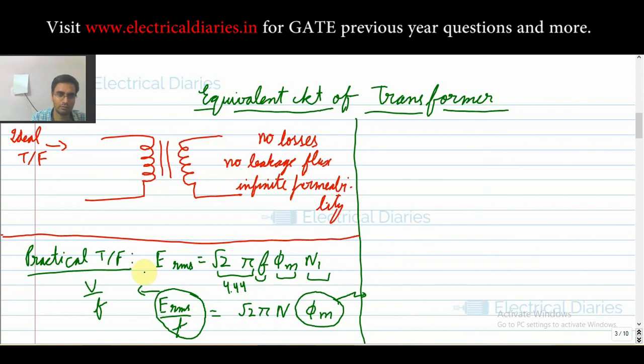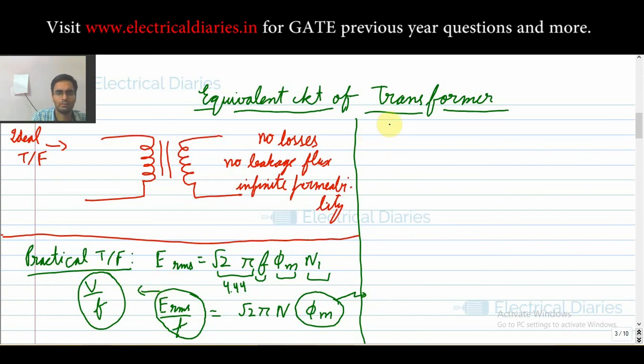That is why your V by f ratio should be kept constant in every machine, like in induction motor speed control. And this is very important also in checking the problems of the losses.